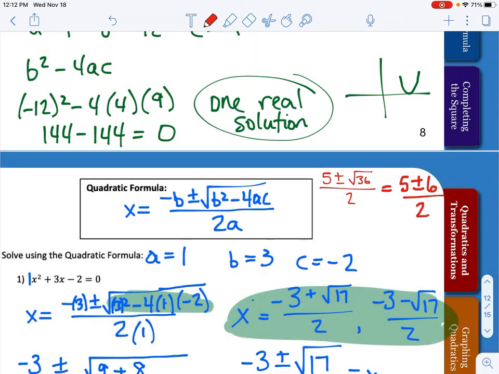And then you want to do both problems. You want to do 5 plus 6 over 2 as well as 5 minus 6 over 2. And you'll get 11 over 2 and negative 1/2 as your two solutions for this problem. So that's just a random side example. If this is a perfect square, go ahead and finish solving for fractions or whole numbers, okay?